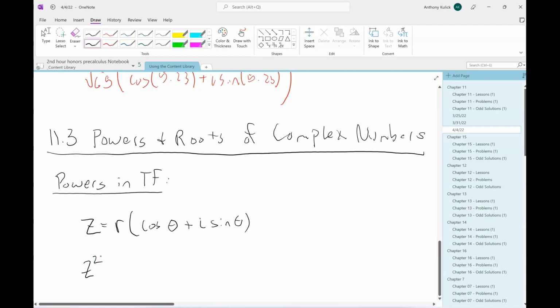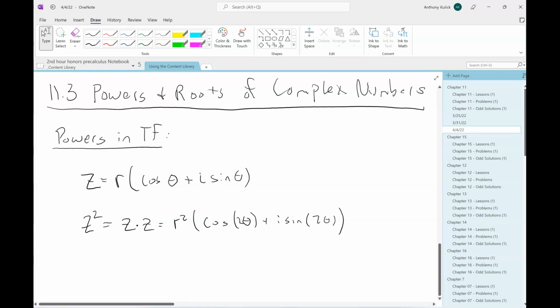If we want to do that number squared, remember that's the same thing as z times z, right? And using our formula for multiplication, that's going to be r times r, and then theta plus theta. Everybody's okay with that?